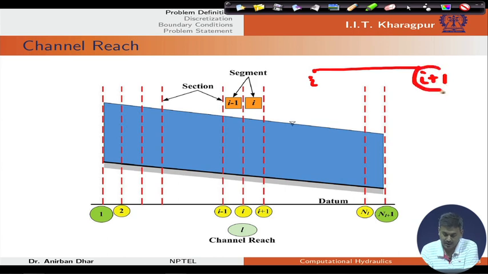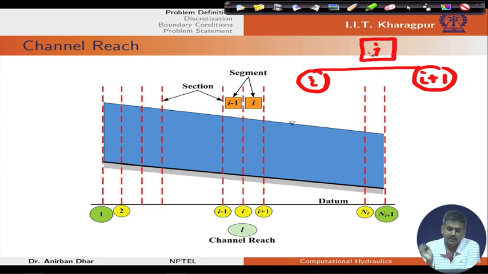So, I is a section, I plus 1 is a section, and in this case I is our segment number. So, this is the general notation that we will be utilizing, and the channel reach number will be denoted with this L. L is the channel reach number.